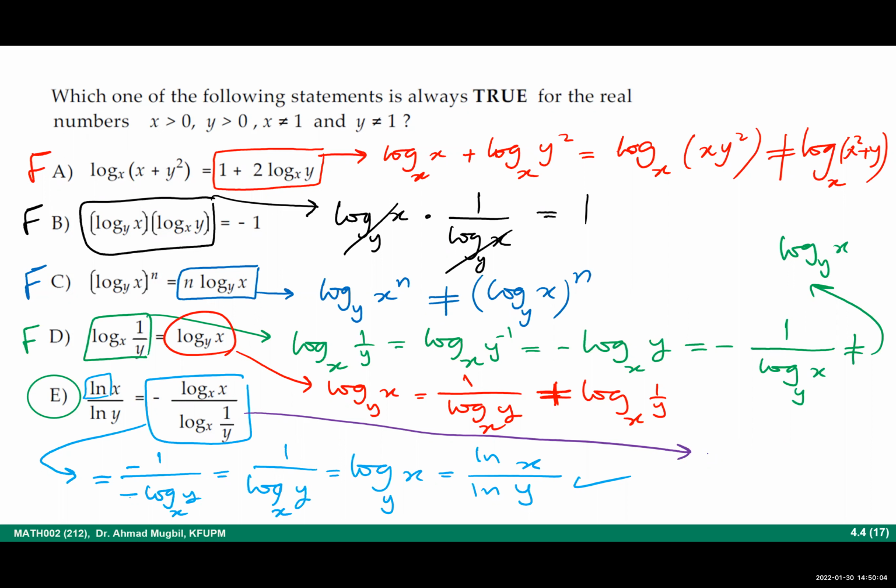By the change of base formula, this will be negative first, log 1 over y of x, which is in fact log y of x, which is the same as this log. And the last step will be like that. So that's it. This is all we have.